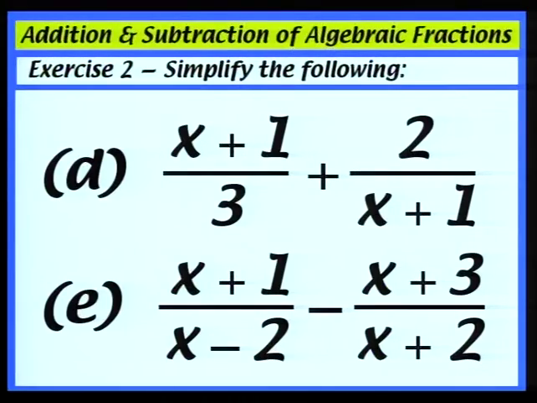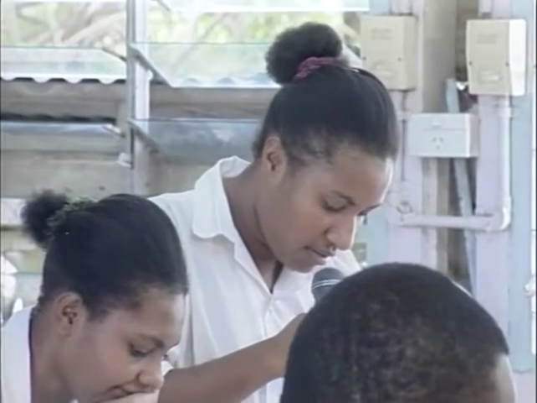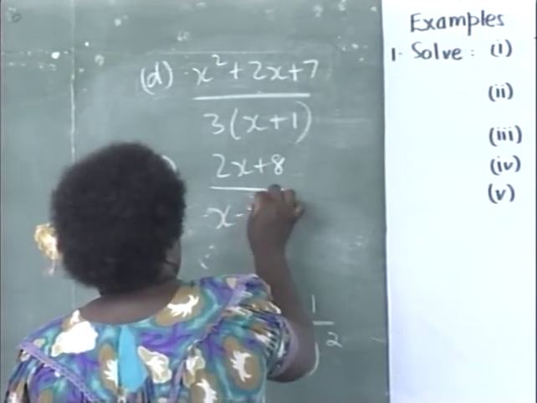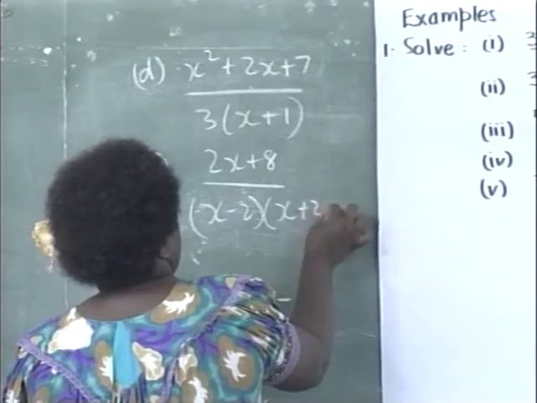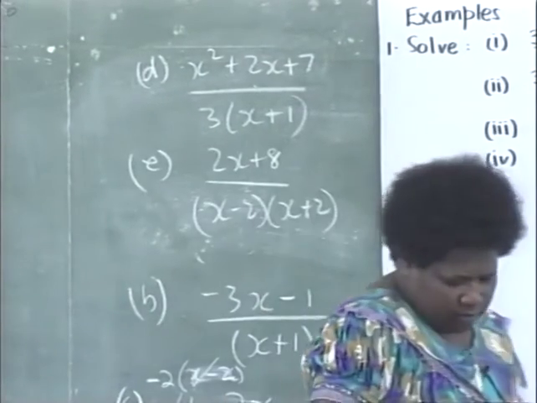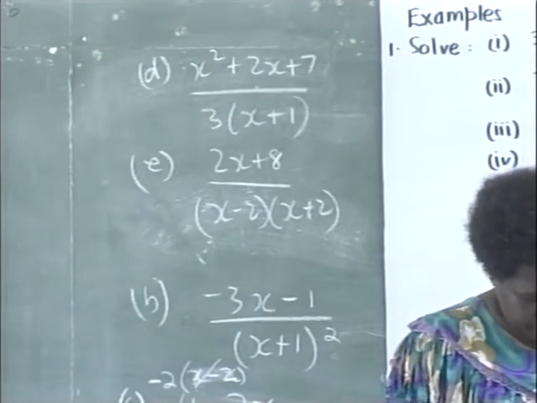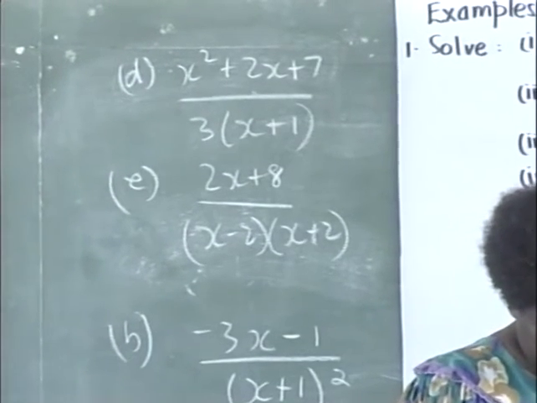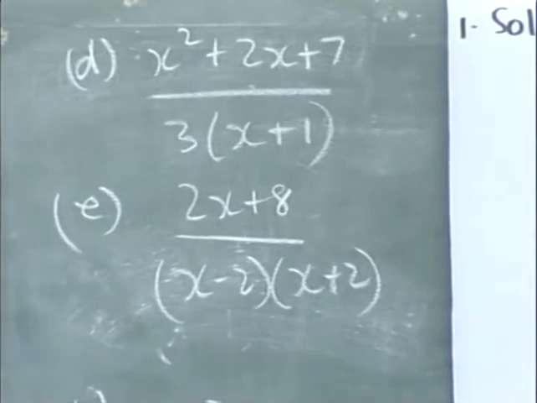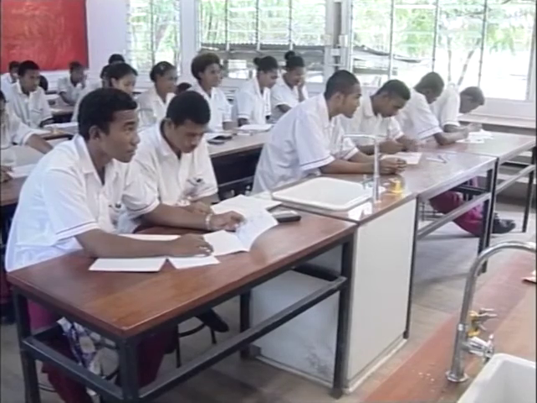X plus 1 over x minus 2 minus x plus 3 over x plus 2. Miriam. 2x plus 8 over x minus 2 times x plus 2. Looks correct.